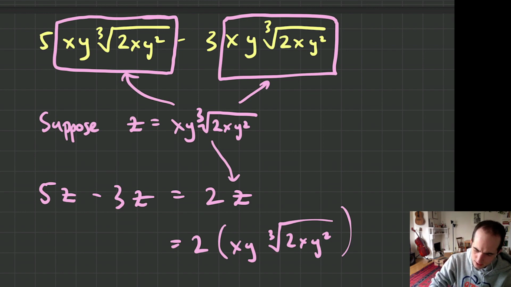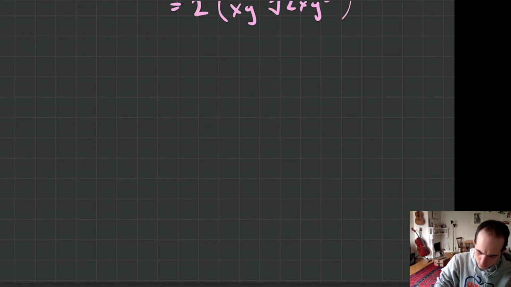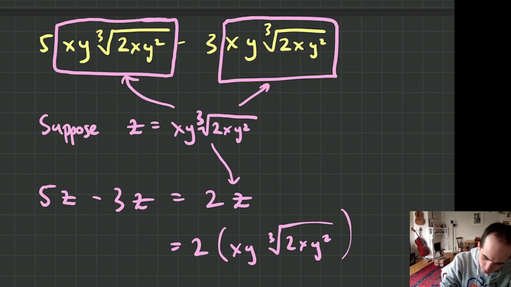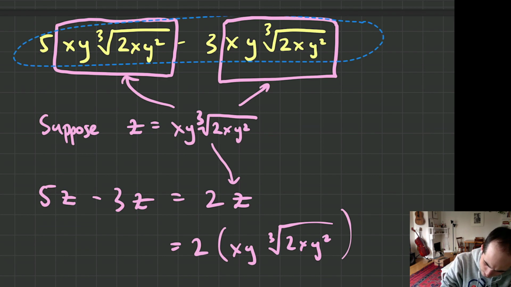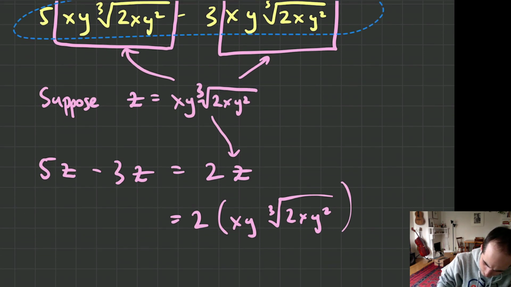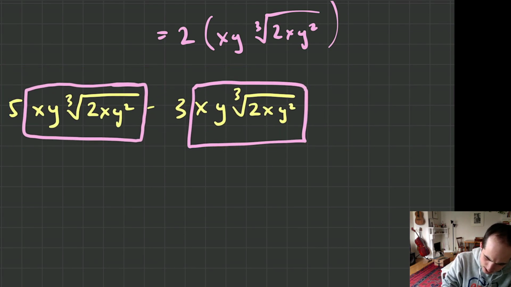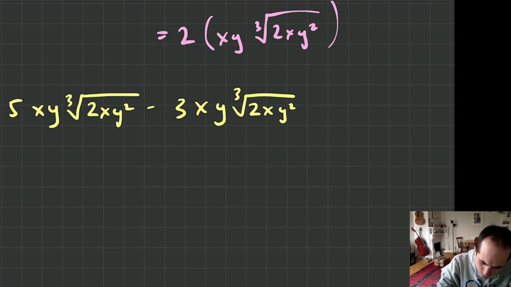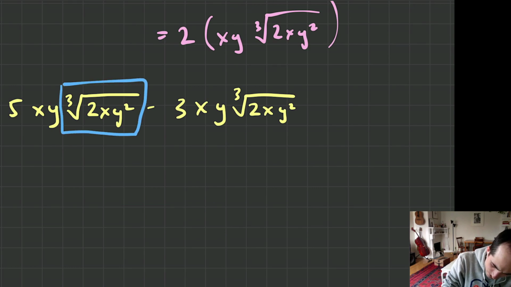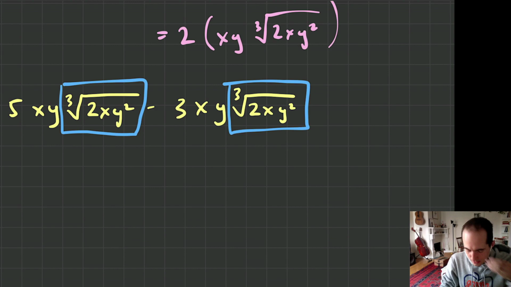Another way to think about it is if we were to write this whole equation out again. I'm just going to copy and paste it because I'm lazy. Okay, so another way to think about it is to say, okay, well, I've got this guy right here. So that is my radical. So you don't even have to think about it in terms of like terms. You could just think about it in terms of the like radical. So you could say, okay, well, I've got one and the other.